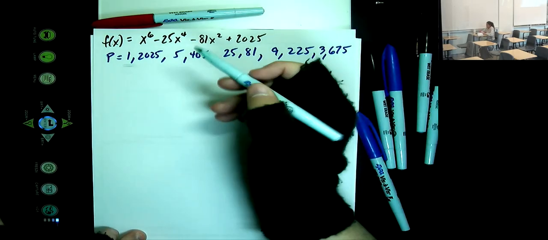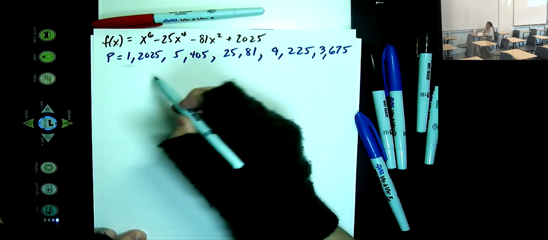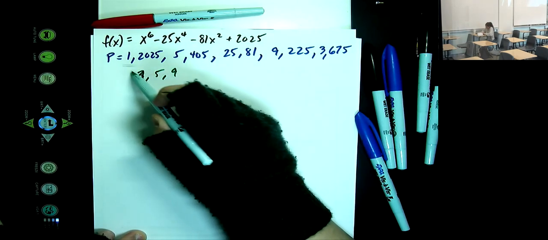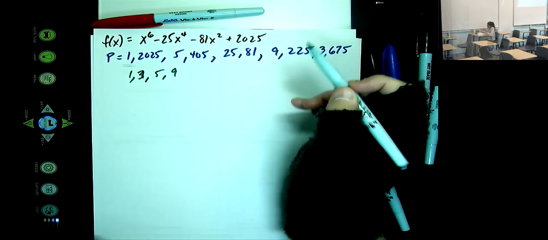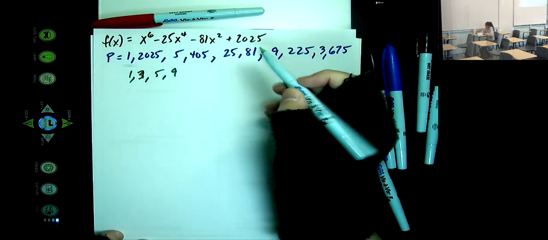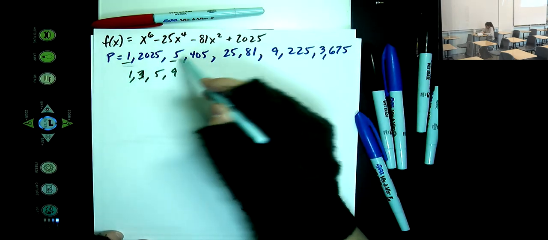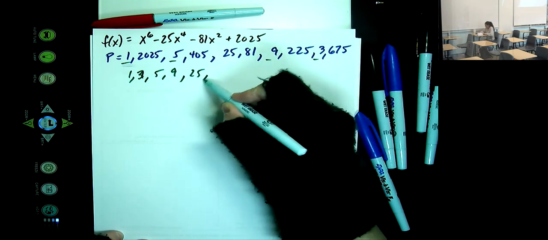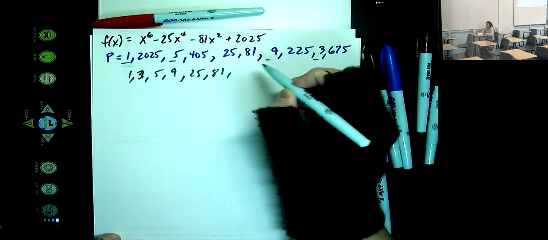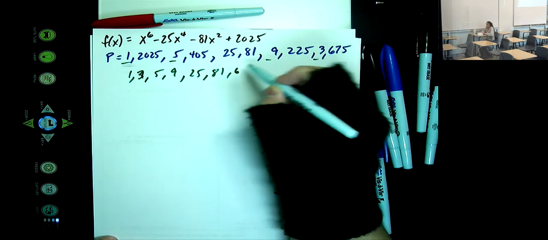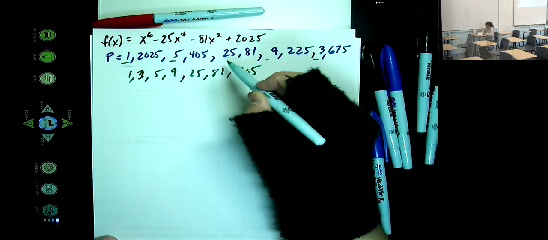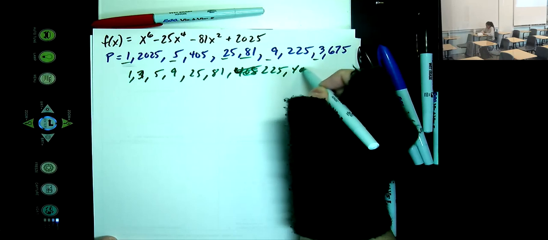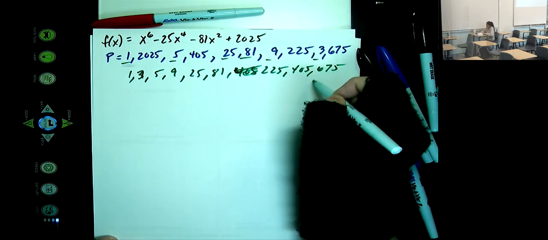So if we arrange it from high to low, we got 1, 5, 9, nope, a 3 in there. Five, 9, 3, we got a 25. An 81. A 675. Oh, 405 first. Nope, a 225 first. 675 and 2025.